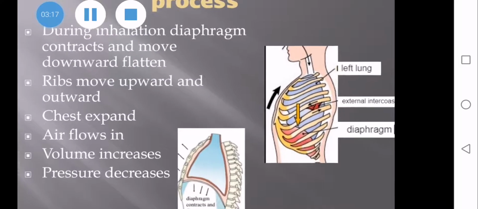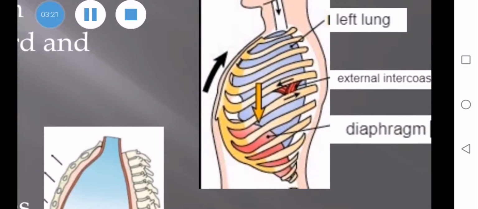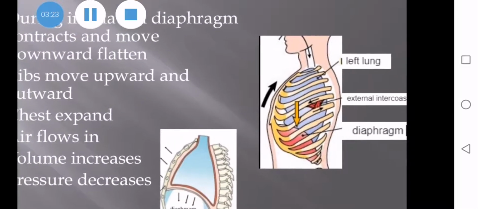What is written is that the ribs move upward and outward, as you can see in the image.